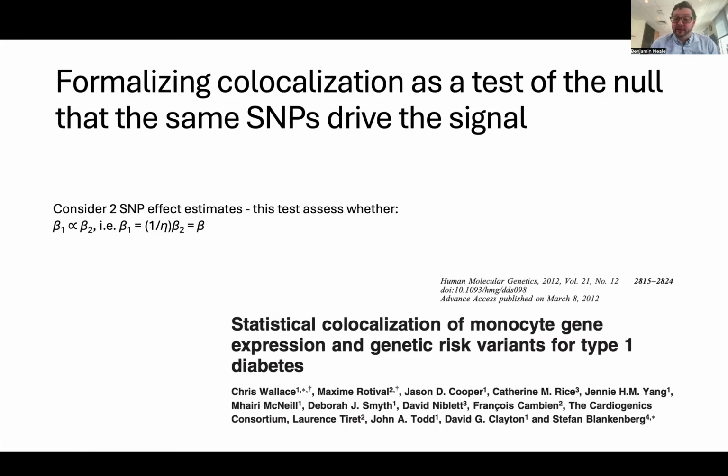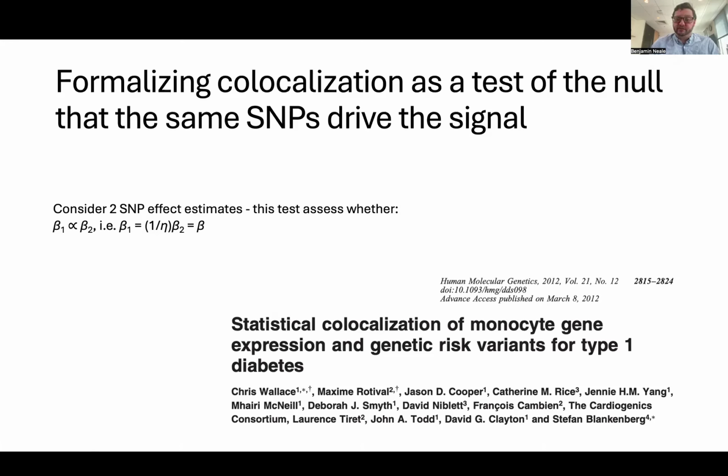And so this paper, a few years later, by a largely overlapping set of investigators, formalized an initial test. And it really got to this core concept behind all of colocalization, the idea that beta 1, the SNP effect that you observe in your GWAS, should be proportional to beta 2, the SNP effect that you observe in your molecular QTL study, if they are well and truly the same causal variant.